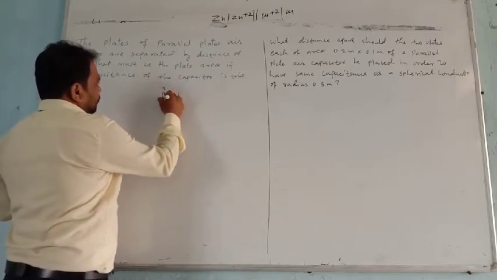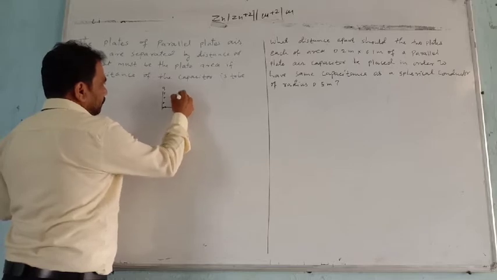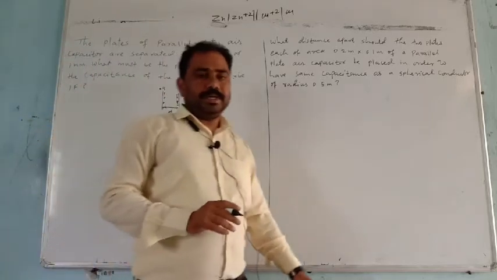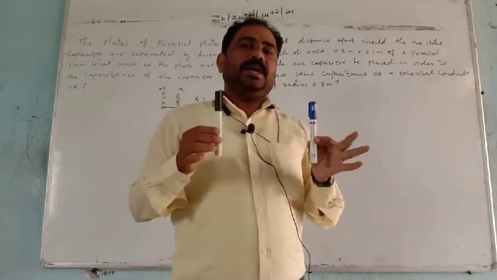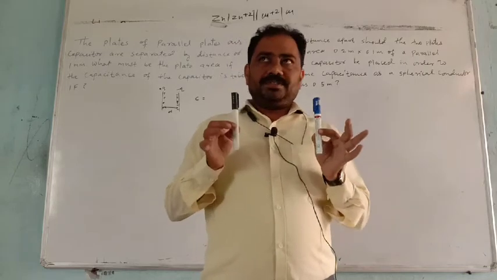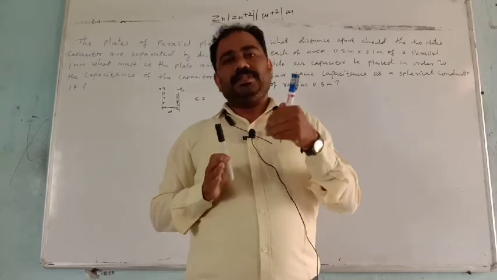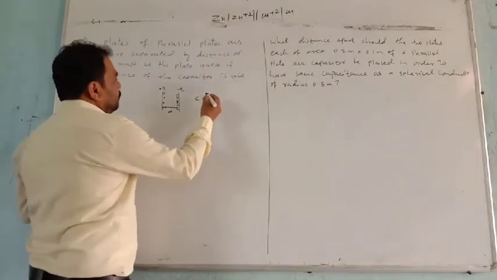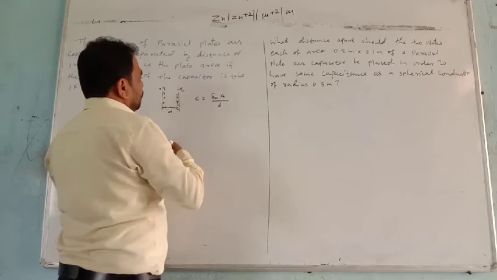These are the charges deposited on the surface area of plates which are parallel to each other, and d is the distance between the plates, and A is the area of the plates. Then the capacitance must be equal to epsilon naught into A upon d. You should memorize this.